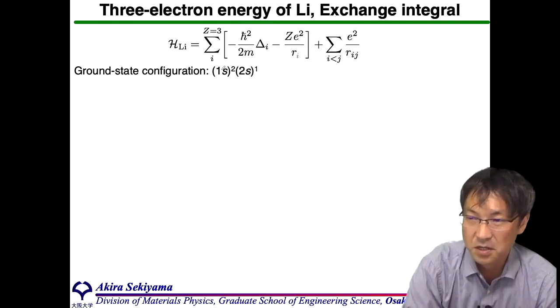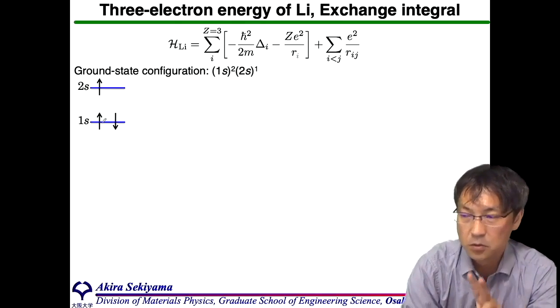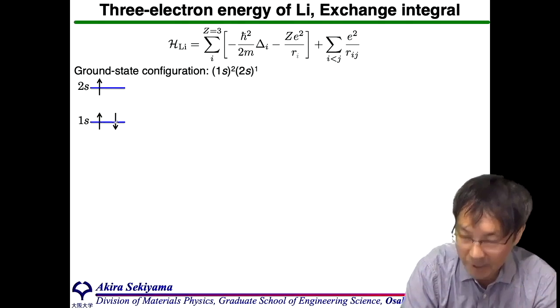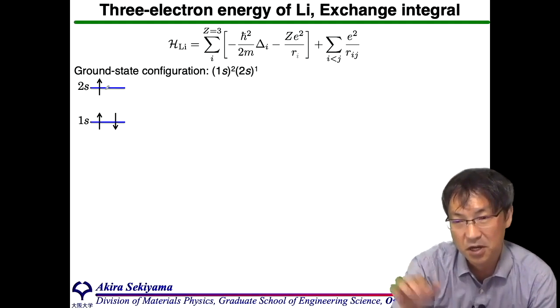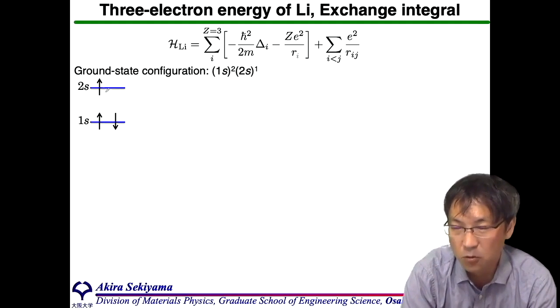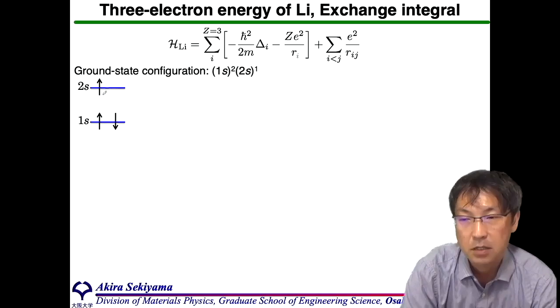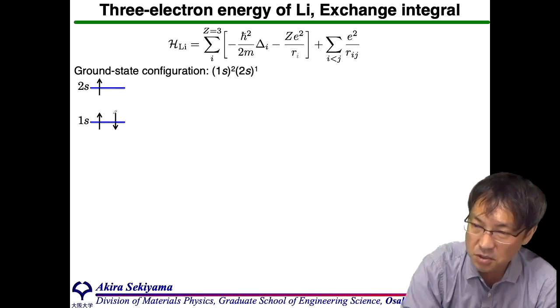This is 1s2 and 2s1, where the 2 electrons with opposite spin direction occupy the 1s orbital, and the second lowest energy level is the 2s orbital. Therefore, the 1 electron with up spin occupies this level. Let us consider this configuration.